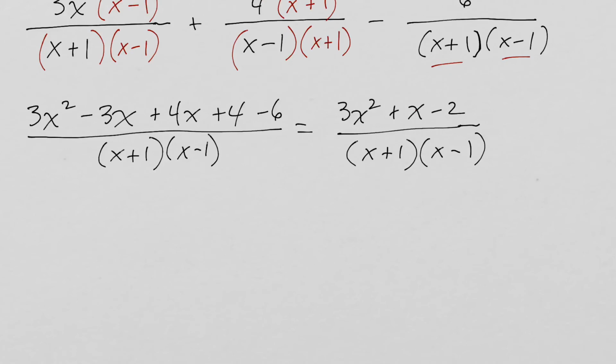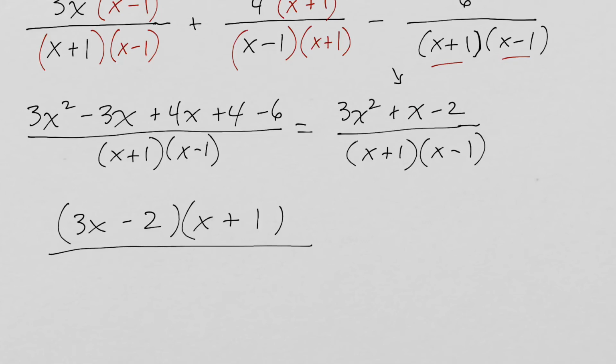Okay, so now I'll factor this numerator, I'll try to, and I have 3x and x. Let's see, this is going to be minus 2 plus 1. On the outside, I have a positive 3x. On the inside, I have a negative 2x, and that adds up to my positive x.